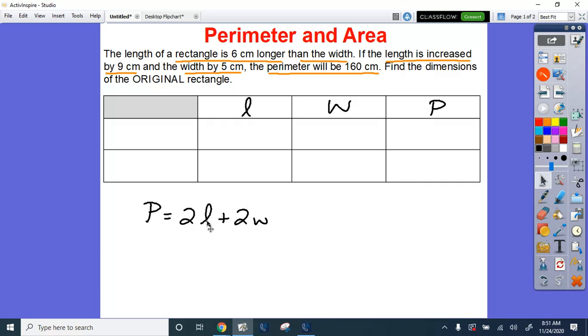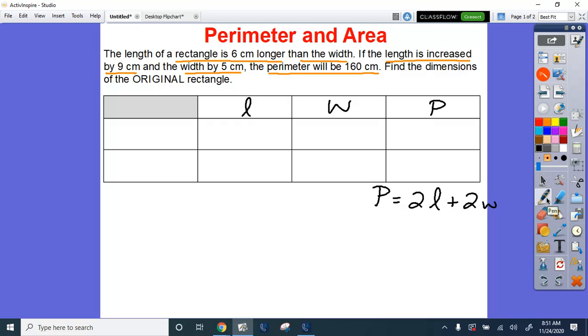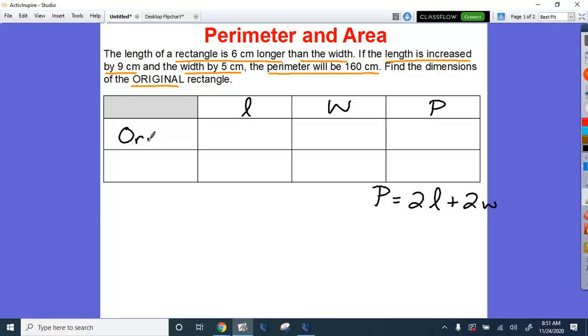I'm going to slide this over for the time being and keep that off to the side. We need to find the dimensions of the original rectangle. That is important to know because it tells us our other labels: we want the original rectangle versus what I'm going to call the new rectangle, the new dimensions. So now we can start filling out our chart.